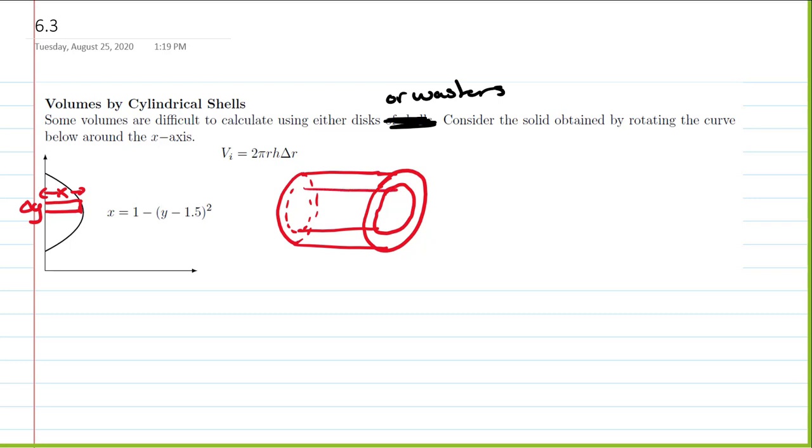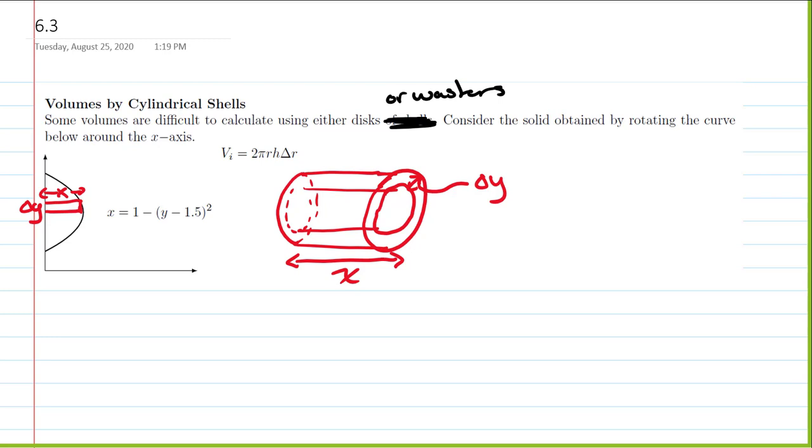Imagine a soda can with the top and the bottom cut off, right? So the aluminum's really, really thin, but it makes a ring with a hollow center. Now this part right here is our thickness, delta y. The height of this is going to be our x coordinate.